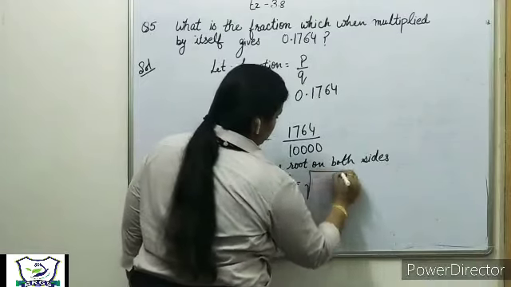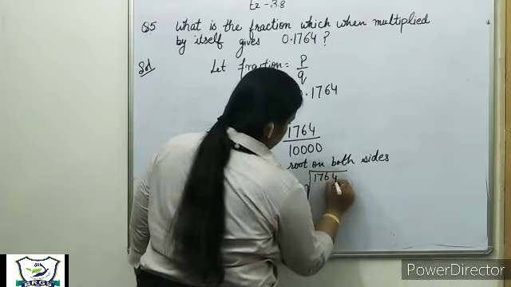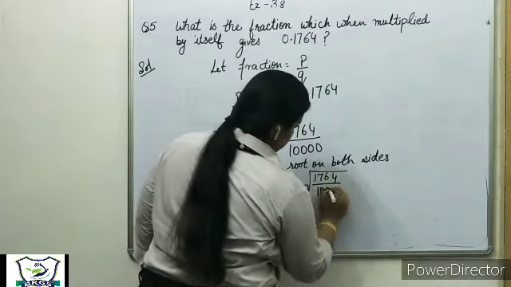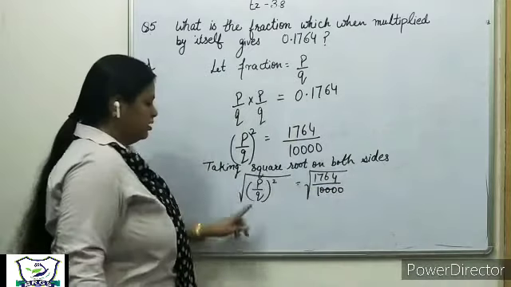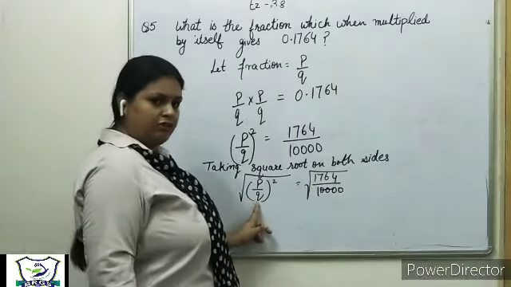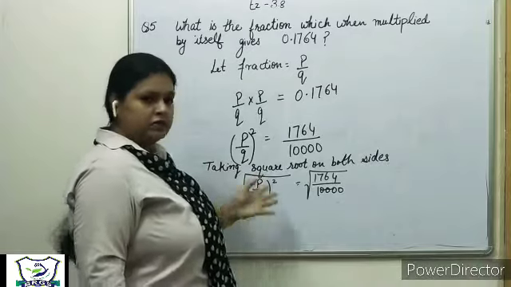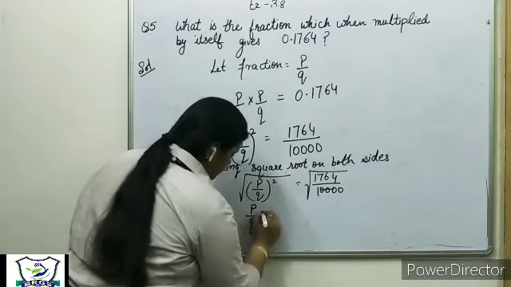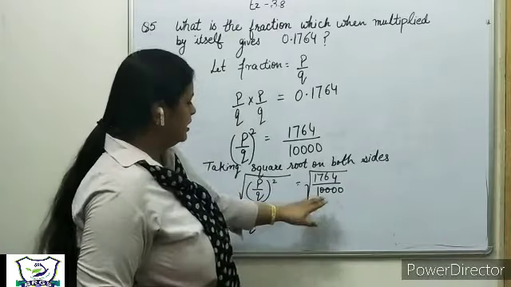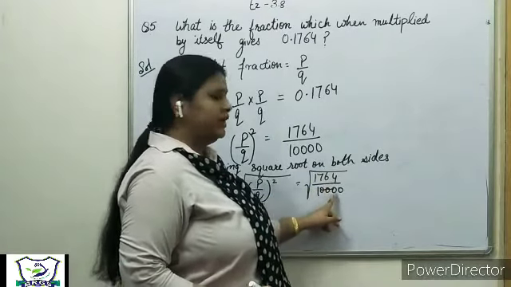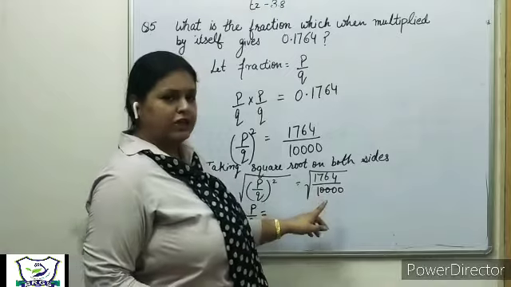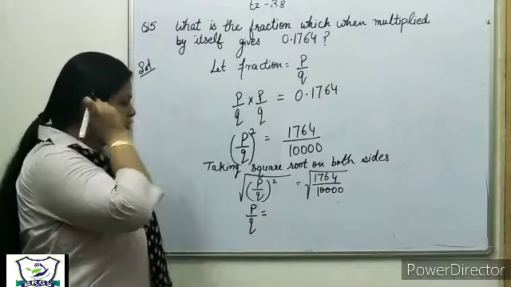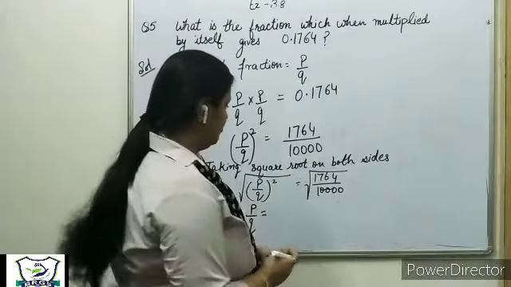And square root of 1764 by 10,000. So here it is the square of p by q. So square root and square will cancel. So it is p by q. Now we have to calculate the square root of 1764 and 10,000. Again it is a fraction, so you will calculate the square root of numerator and denominator separately.